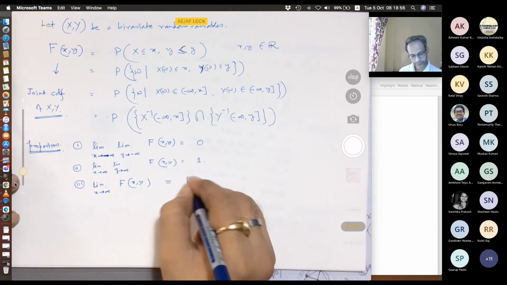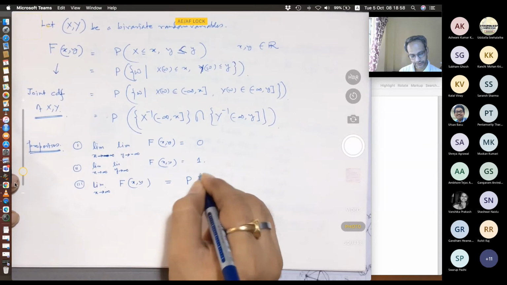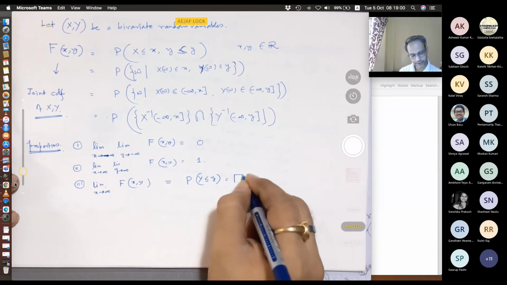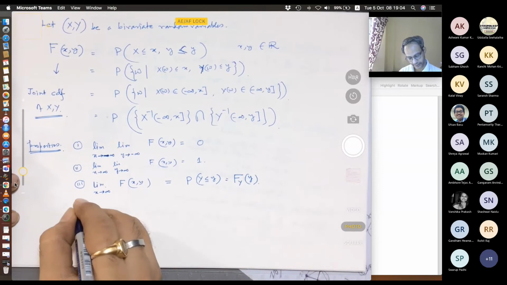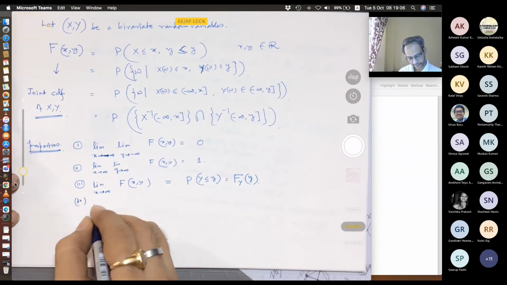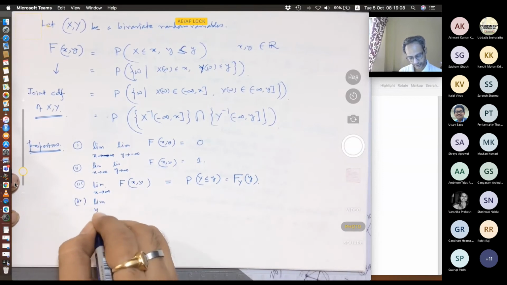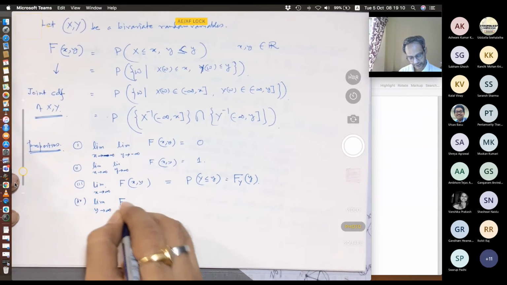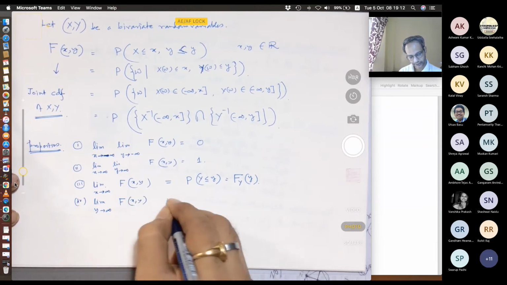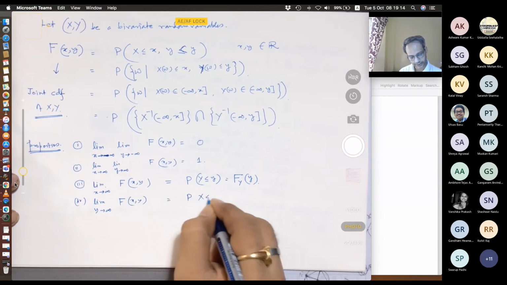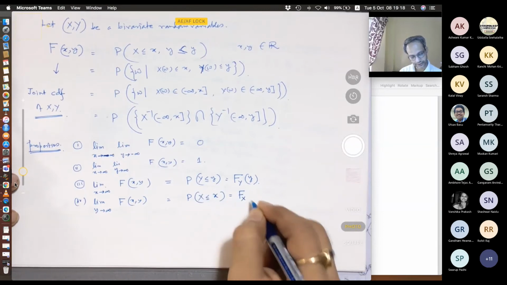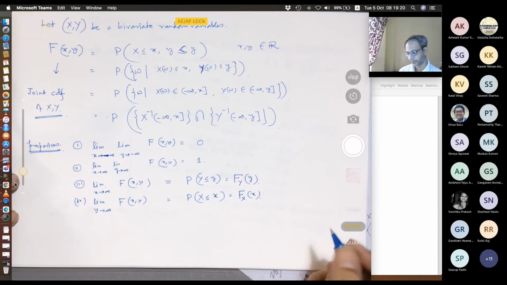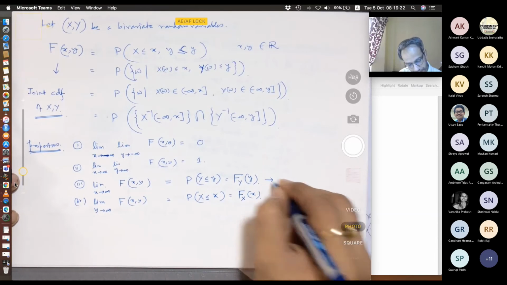So this is P of Y less than or equal to y, and that is usually written as Fy(y). Similarly, limit y goes to plus infinity of Fxy, this is the probability X less than or equal to small x, usually written as Fx(x).